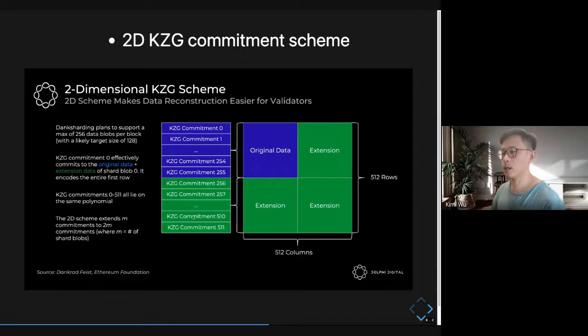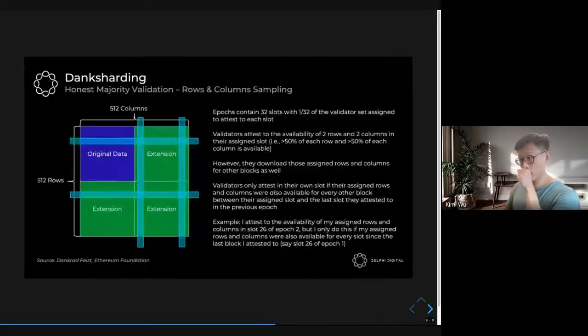And here is the erasure coded commitment. So in the original we have one big commitment, and the two-dimensional commitment scheme splits the commitment into many small commitments. That's the idea to reduce the hardware requirement for validators, verifiers.